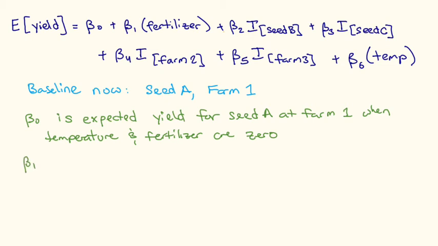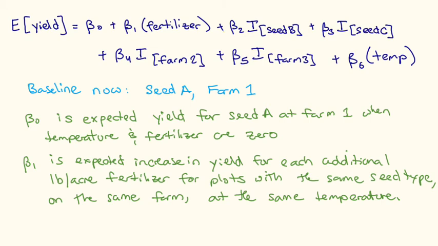Beta 1, the fertilizer effect, again, I have to make sure I'm holding all the other stuff constant. It's the expected increase in yield for each additional pound per acre fertilizer for plots with the same seed type on the same farm at the same temperature. So basically we need to hold all the other covariates constant and then talk about what the fertilizer is.